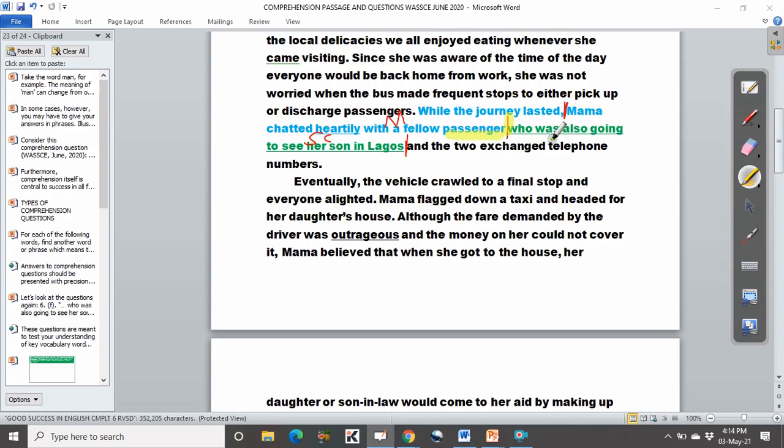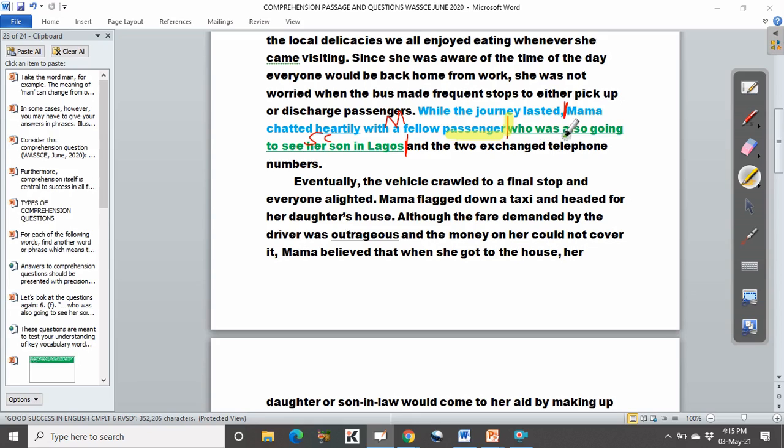Here it is an adjectival clause because it contains a subject and a verb, "who was also going to see her son in Lagos". An adjective is a single word, and an adjectival phrase is a fragment that doesn't contain a finite verb. But because this contains a finite verb, we conclude it is an adjectival clause. So this is how we figure out the grammatical name.